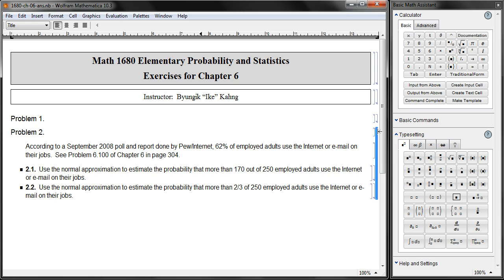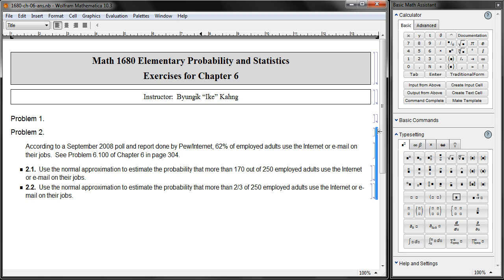Use the normal approximation to estimate the probability that more than 170 out of 250 employed adults use the internet or email on their jobs. 2.2. Estimate the probability that more than 2/3 of 250 employed adults use the internet or email on their jobs.